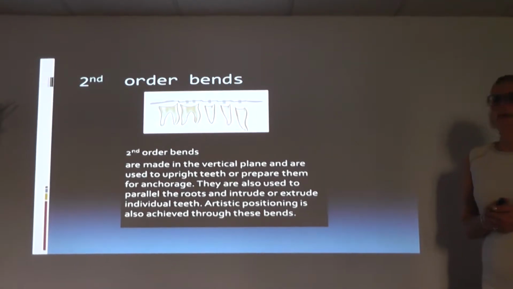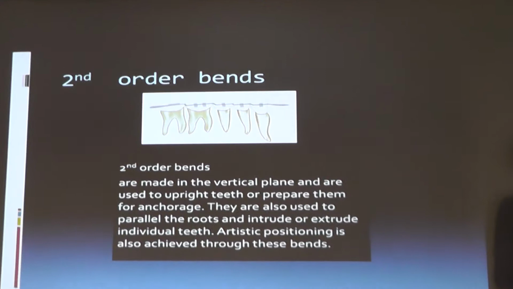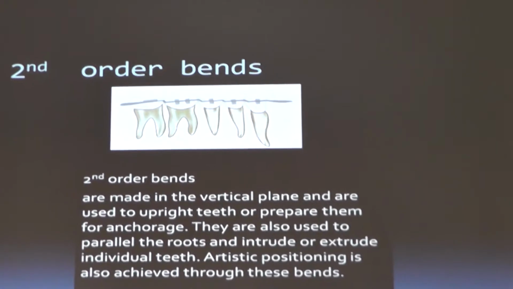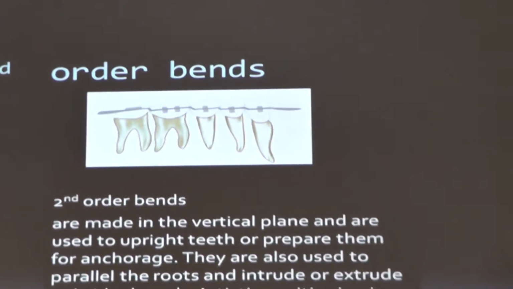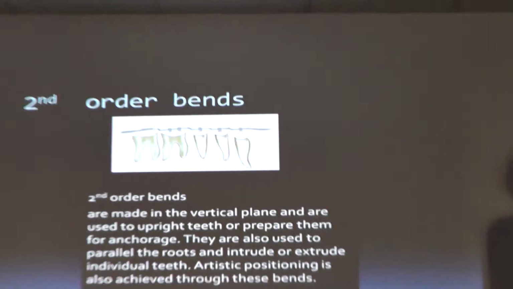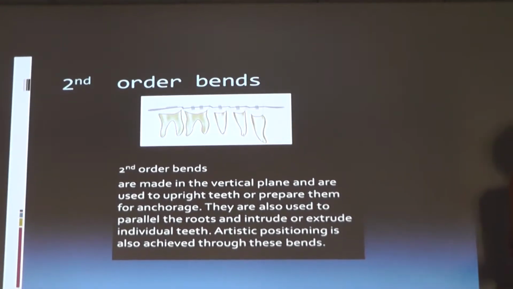But all loops on the arch wire are second order bends. Artistic bends are also second order bends. We use them only to upright the teeth mesiodistally.